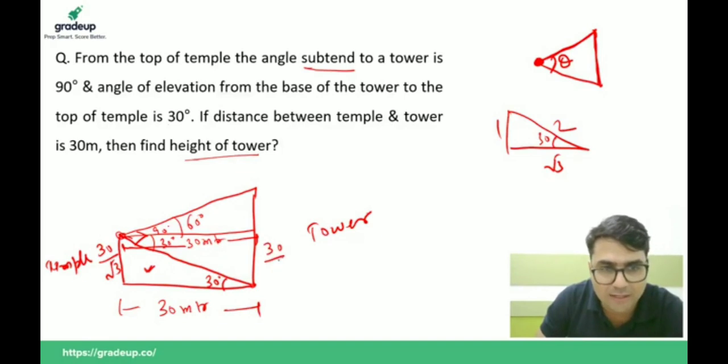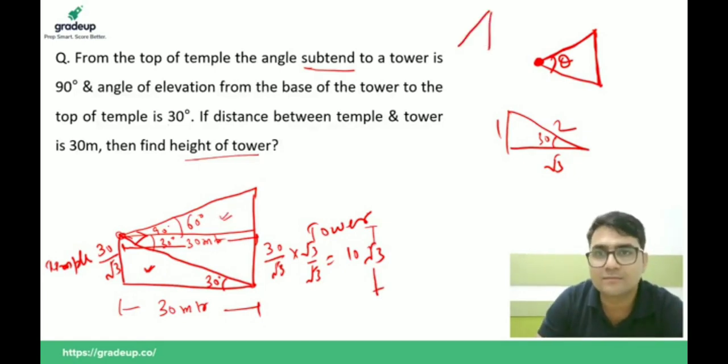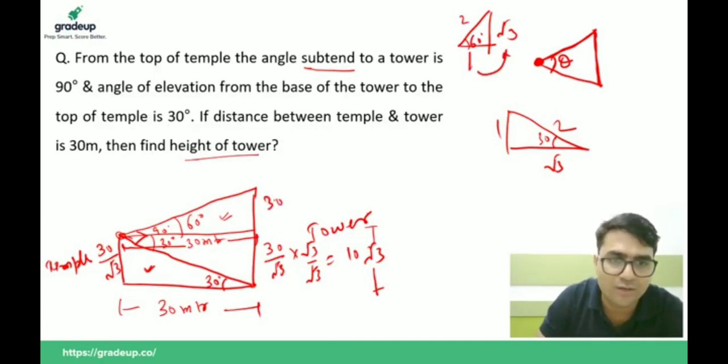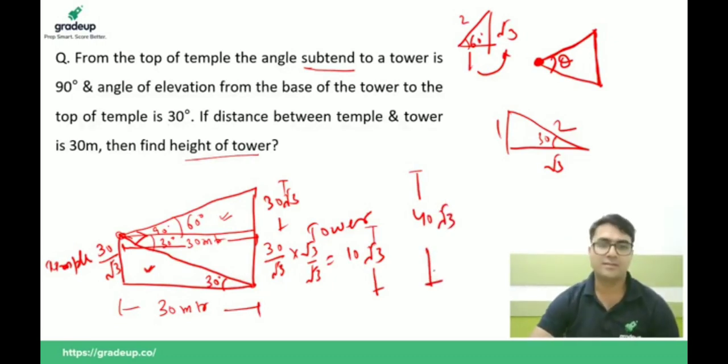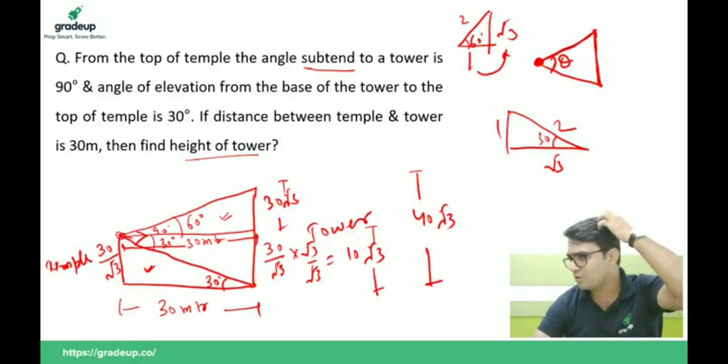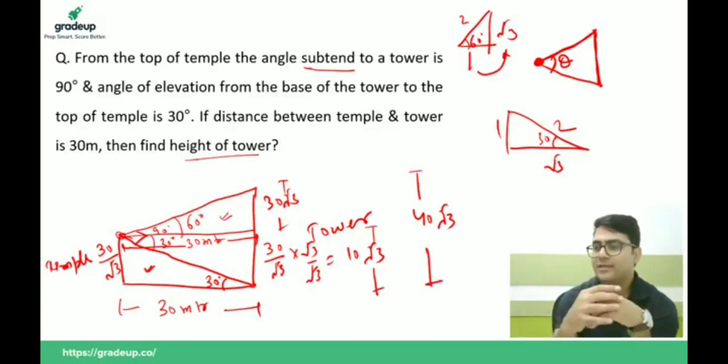Then in this triangle, you have 1 here, root 3 here, and 2 for the 60 degree. If this is 1, this is root 3, and if this is 10 root 3, then the height of the tower will be 40 root 3. I hope you got the point. This is the solution of this question. If not, write your specific doubt in the comment box. Yes, guys.